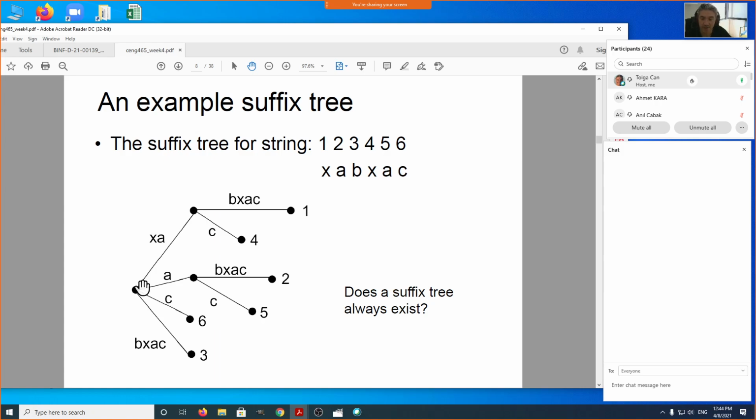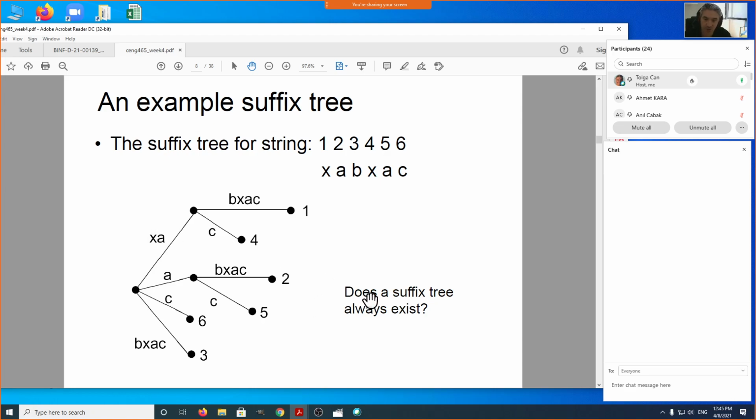They share the same path, the part that starts with xa, so they share the prefix xa, and therefore part of the path is that shared edge between them. So if you're looking for the pattern xa in this, for example, we are going to follow this path, stop our search here, and below this point we are going to see that the subtree contains two leaf nodes, 1 and 4. These are the places where our pattern xa exists.